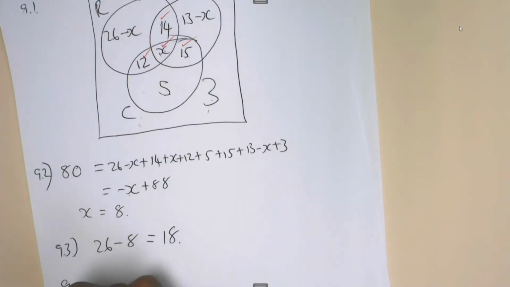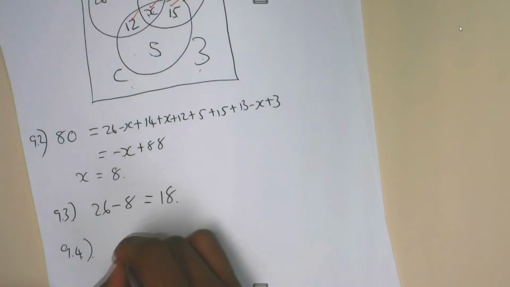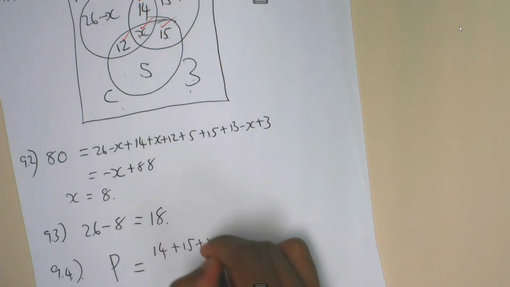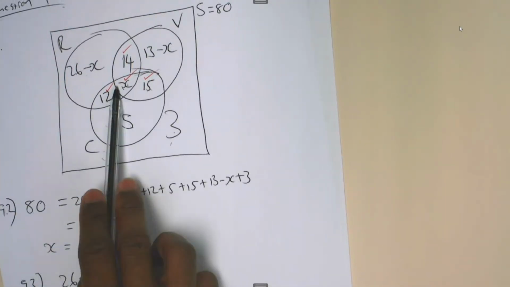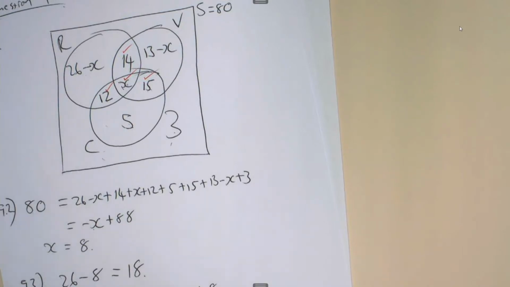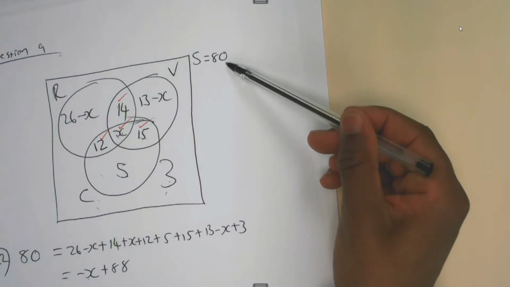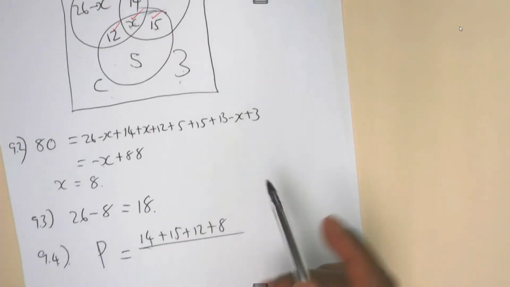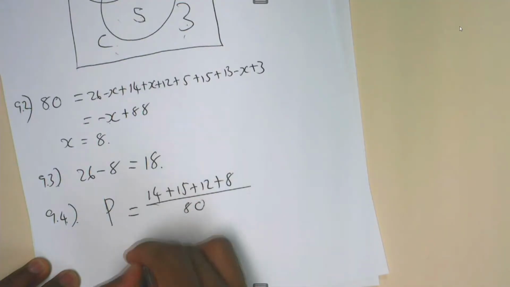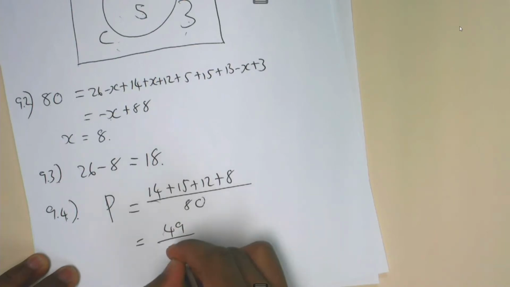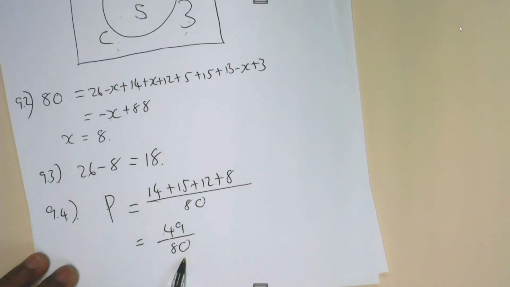So for 9.4, the probability will be equal to 14 plus 15 plus 12 plus those 8 learners, which is the value of x, divided by, so this is our favorable outcome, what's our sample space? The sample space is 80, the total number of possible outcomes. So we'll have 80 there, and after simplification of this expression, we'll have 49 on 80. Fraction or a decimal or a percentage, it's all fine. We accept that as a valid answer.